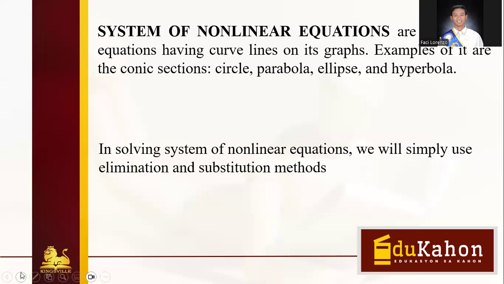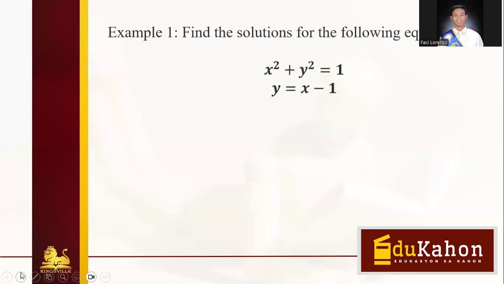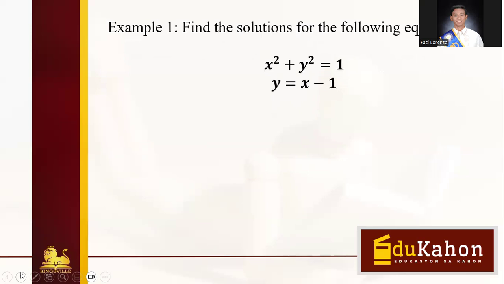Let's have an example for us to understand how to use the elimination and substitution methods in solving systems of nonlinear equations. For example, number 1. Suppose that we have equation 1: x squared plus y squared is equal to 1. And we also have equation 2, which is a linear equation: y is equal to x minus 1.